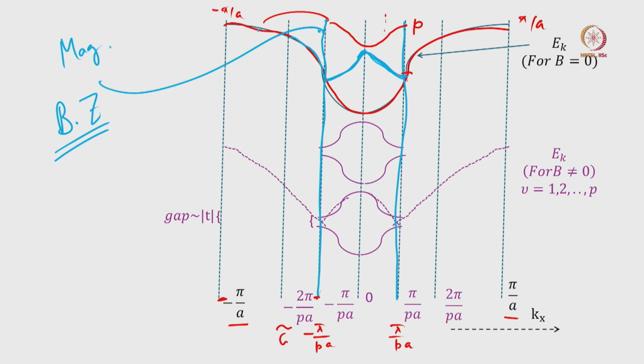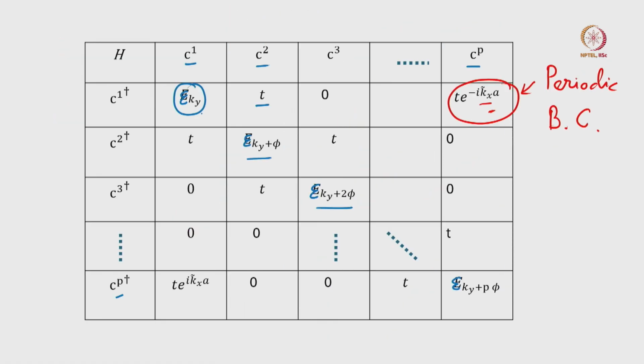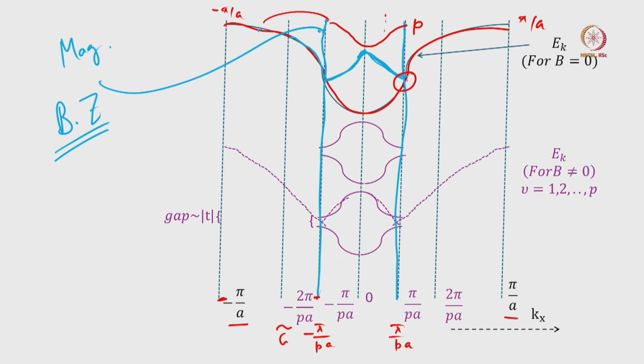What happens here when they meet? So, what I have done is I have just plotted this one, this was the original band structure and I have shifted this. So, I am just plotting, so far this is our E k plus phi, and then this is E k plus 2 phi all the way to p phi.